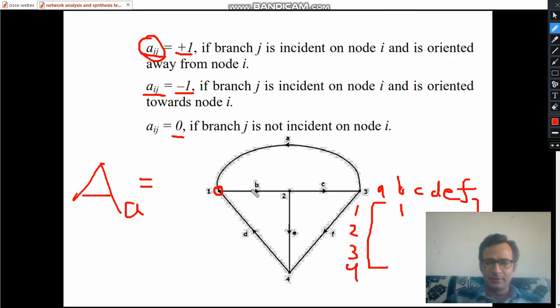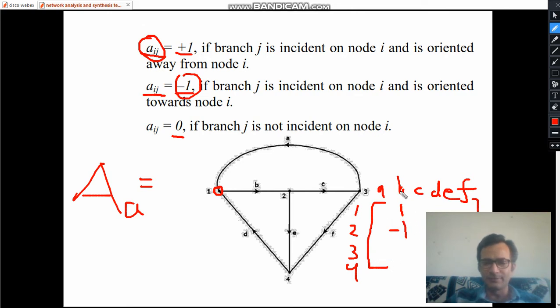And if this B is considered at node 2, again it is incident but it is in the direction towards the node, then it should be -1. For node 2 it will be -1. We can also enter these values branch wise.